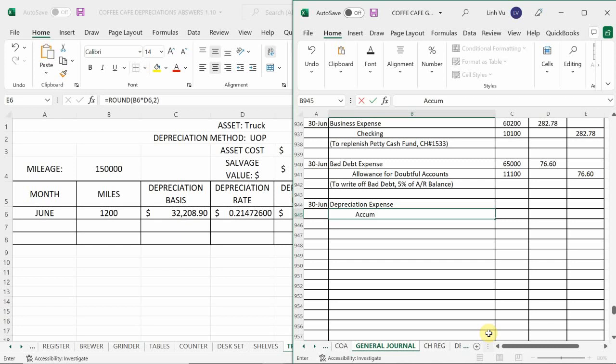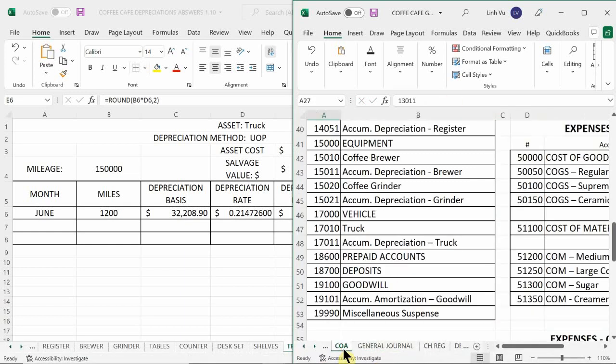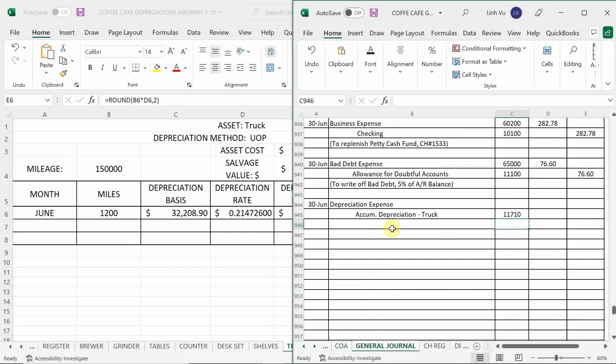I'm going to go ahead and just do the short accumulated depreciation for the truck, which is 1711.